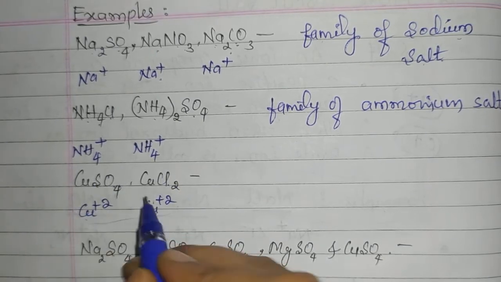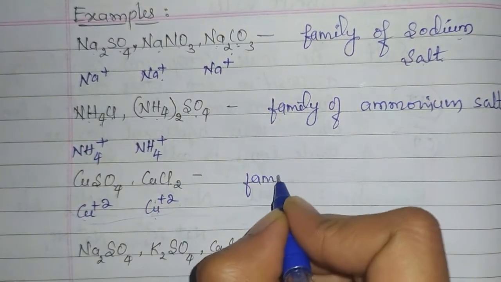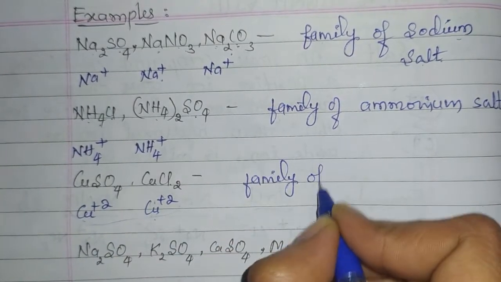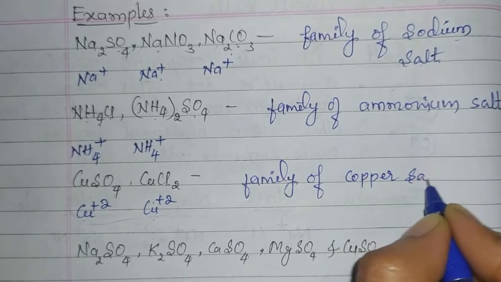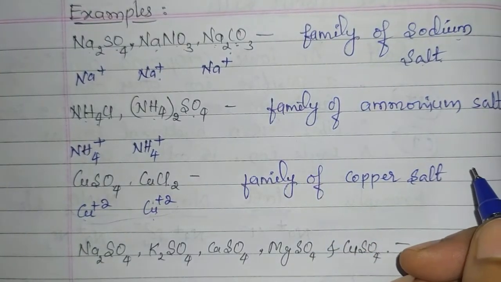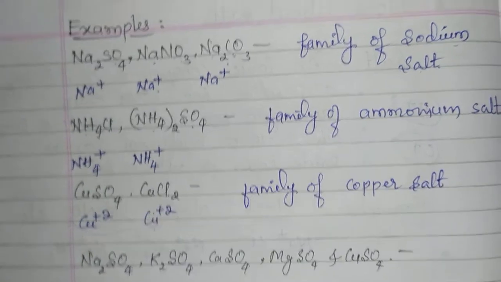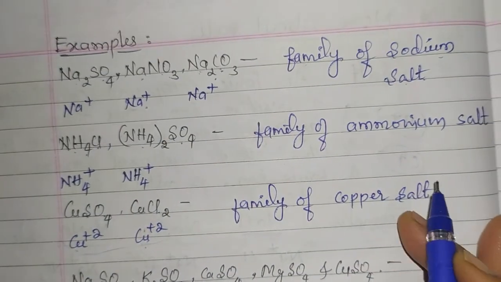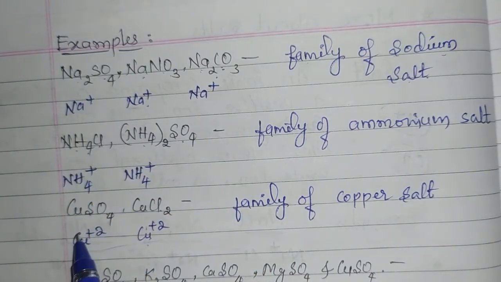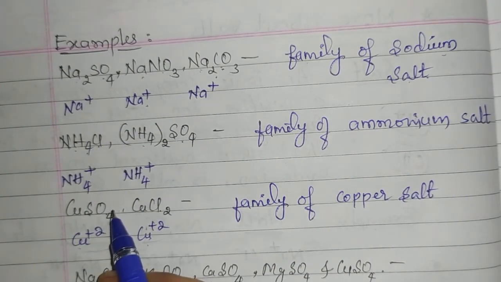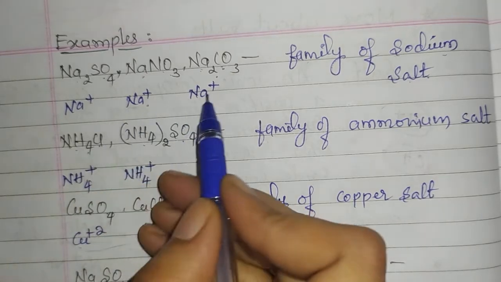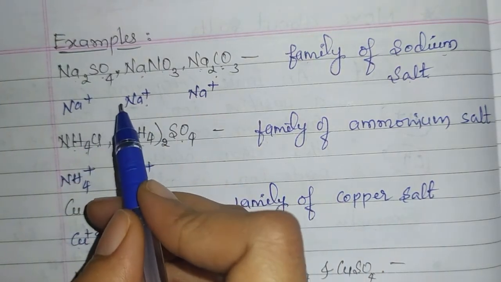Therefore these two salts belong to the family of copper salt. So see here, in all these three examples, we categorized all these salts into different families on the basis of type of cation present in the salts.